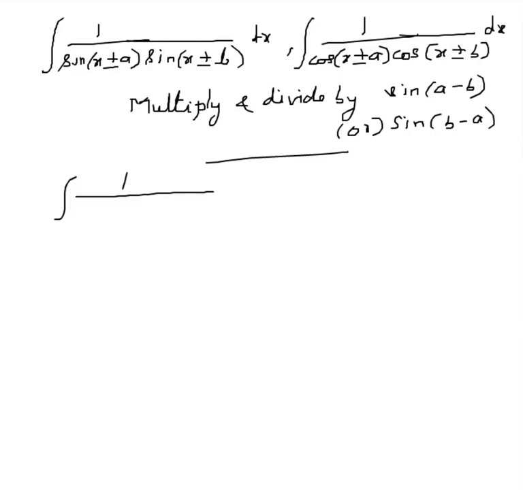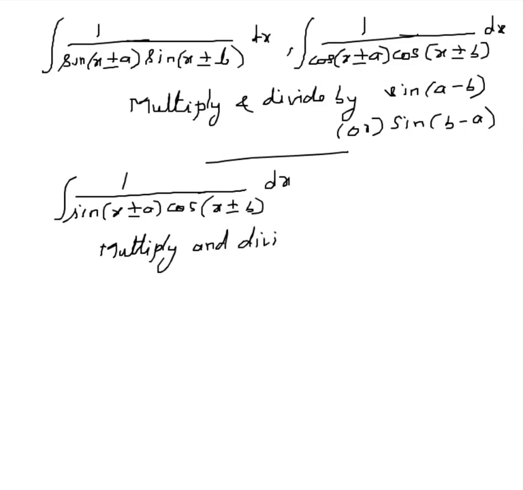If you have the integral of 1 divided by sine of (x plus or minus a) times cos of (x plus or minus b) dx, that is, one term is sine and one term is cos, we have to multiply and divide by cos of (a minus b) or cos of (b minus a).